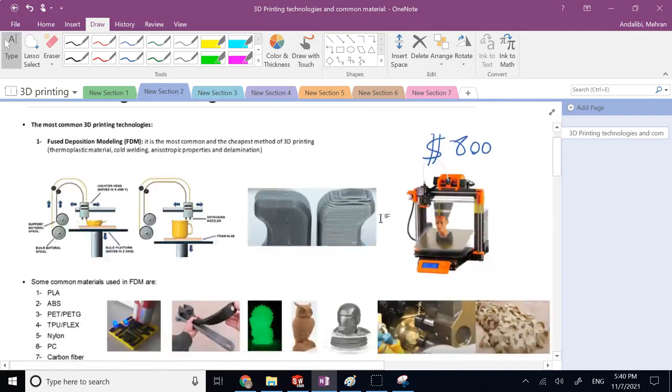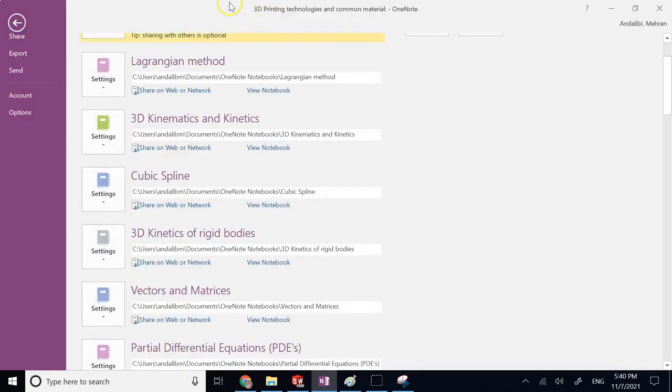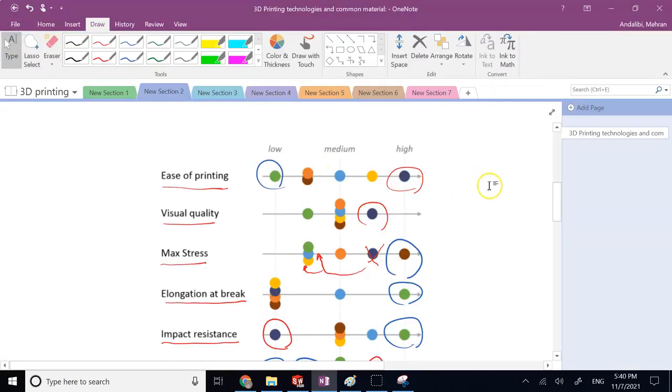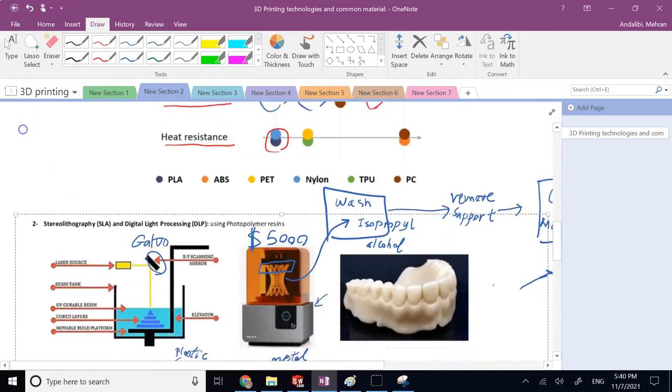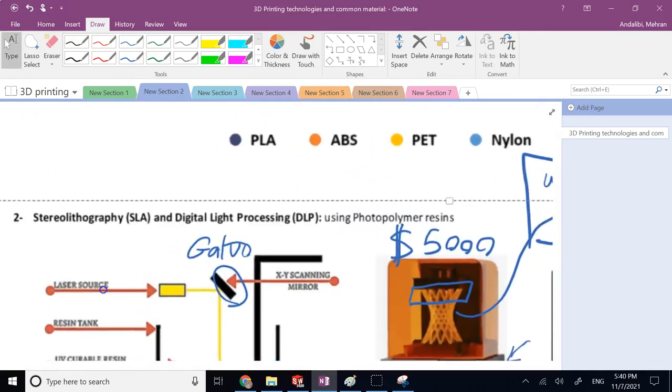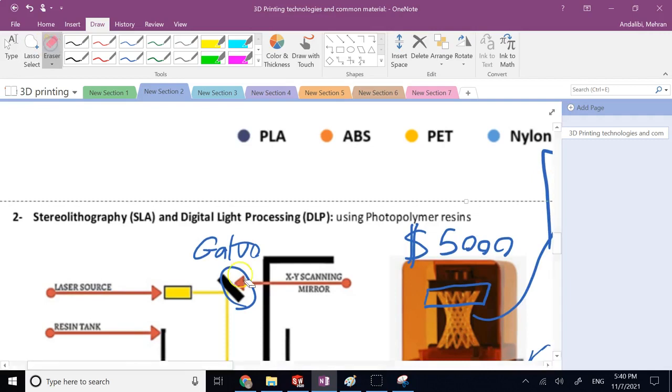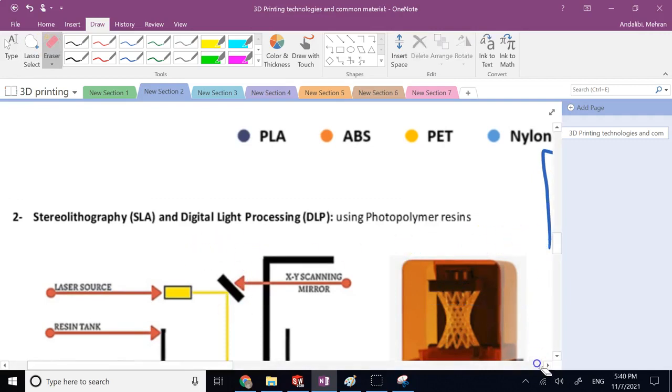A couple of other things that I need to mention about FDM and SLA before I go to the last technology is this. One, here you saw I mentioned SLA and DLP, right? And I did not distinguish between these two for you.